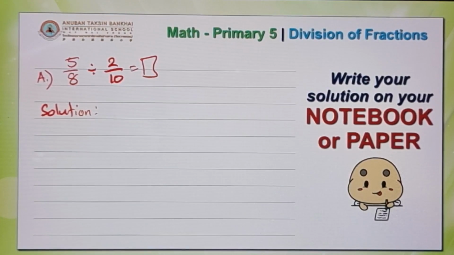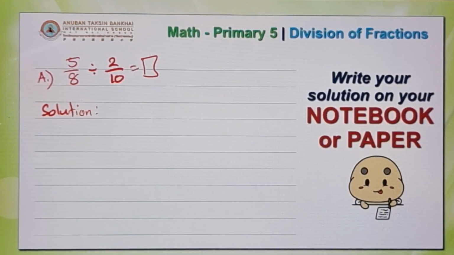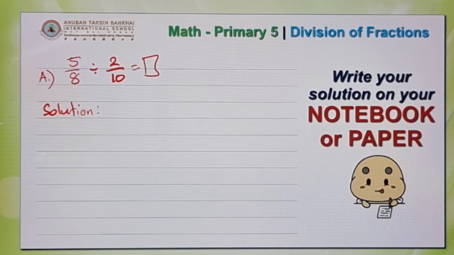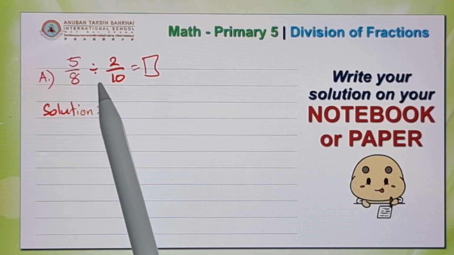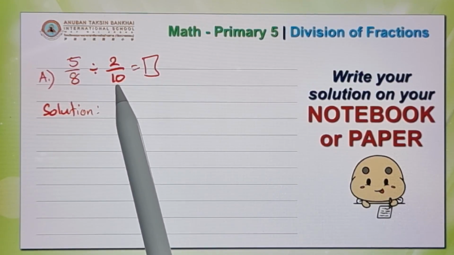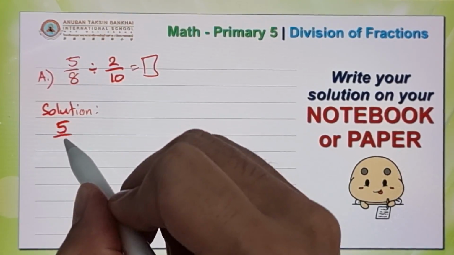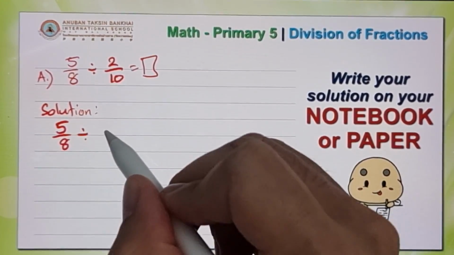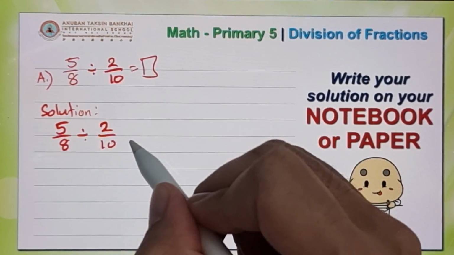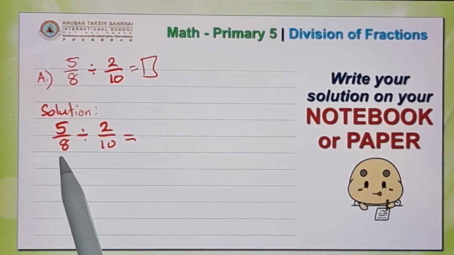The same, we are going to use those three steps. Copy, change, invert. Okay, so let's just write this one first. 5 over 8 divided by 2 over 10 is equal to, copy.